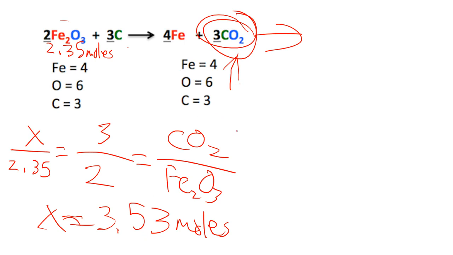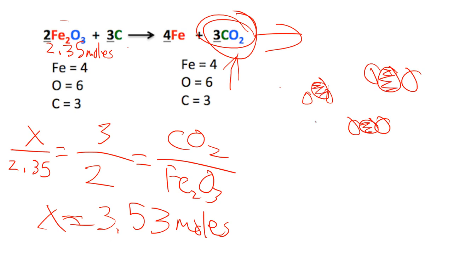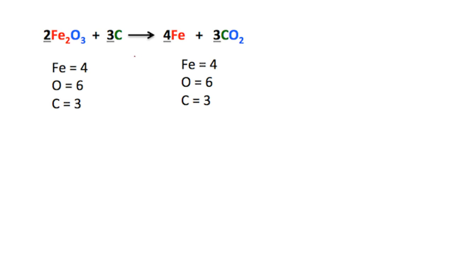And this all comes down to the simple fact that for every 3 carbon dioxide molecules, you need to have 2 iron oxide molecules present due to the conservation of mass. Or another question, let's say you were able to produce 10.73 moles of iron.